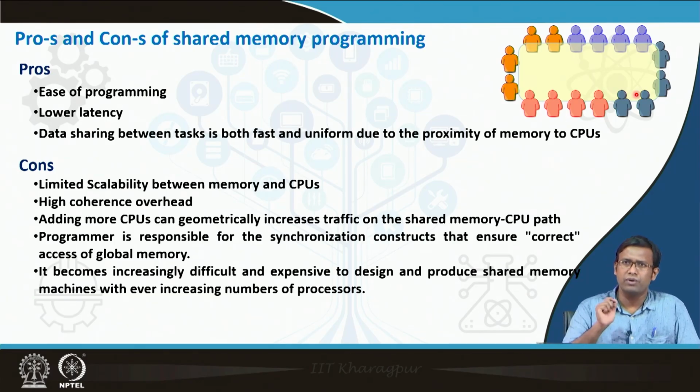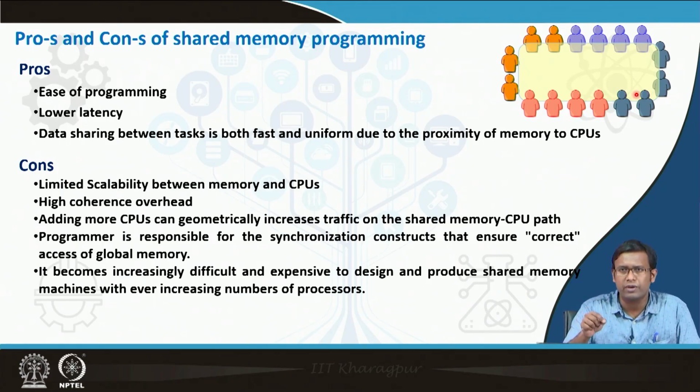And if you need to use a synchronization construct, such as atomic, if you want this part to be executed in an order, one thread at a time, then for any of the synchronization constructs the programmer is responsible. It's not that the programming model or the compiler itself takes care of the synchronization.